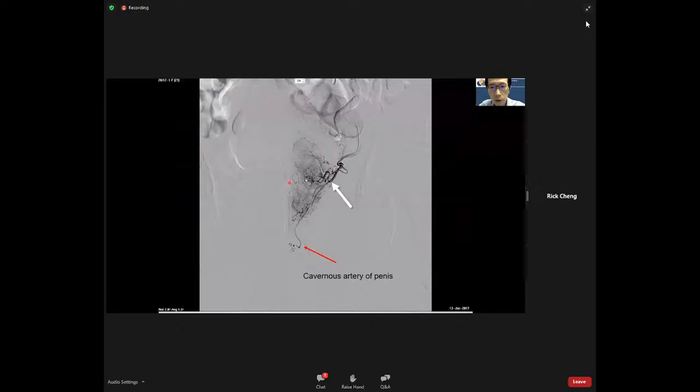So first of all, for those branches that come off the prostate artery and go directly to non-target sites, such as in this case the cavernosus artery of the penis, if we can catheterize this, we can put a coil over here.